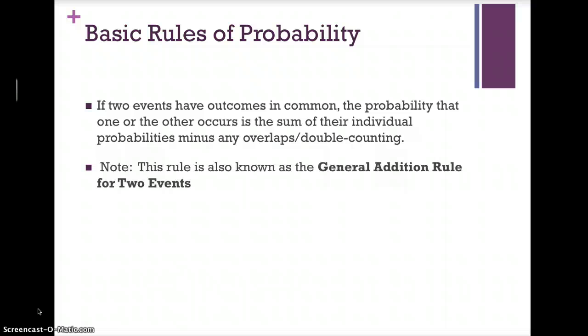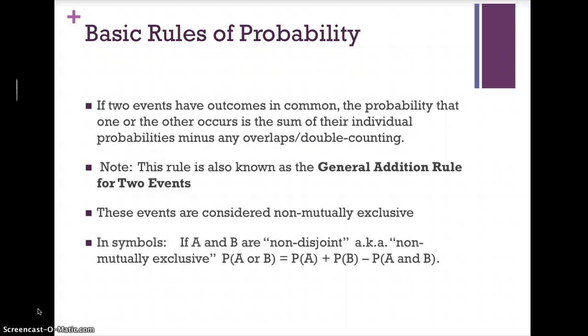This is known as the general addition rule for two events. These events are considered non-mutually exclusive, meaning they have something in common. There is an overlap. If you don't subtract something, you're going to be counting something more than once. So in symbols, it would look like this.